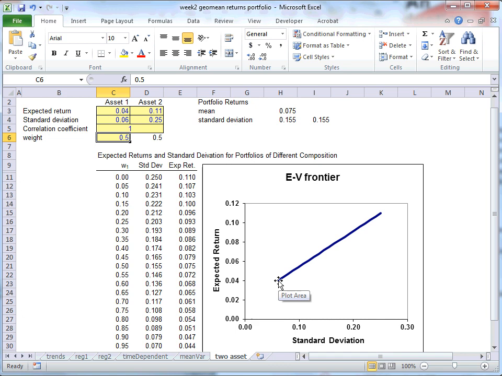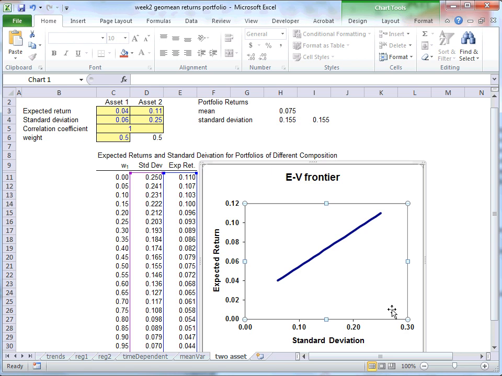In essence, we can make linear choices between asset 1 and asset 2, and we'll get linear combinations of the mean and standard deviation of those. This line is going to bulge this way as we lower the correlation coefficient. Remember that as we move this way, our investors' preferences or our utility increases. We want more return for lower standard deviation.